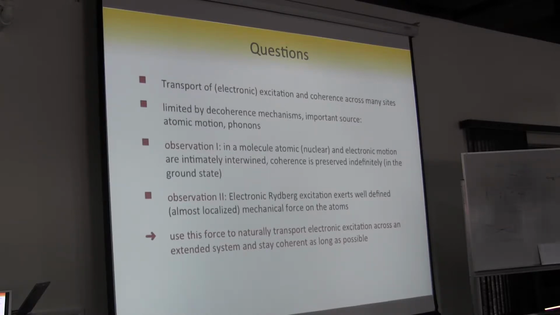And I alluded to that already a little bit. We have the observation that in a molecule, atomic, in this case the nuclei, and electronic motion are so intimately related that coherence is preserved in the ground state even indefinitely. So we would like to learn how this works, to copy it basically to the transport we're interested in.